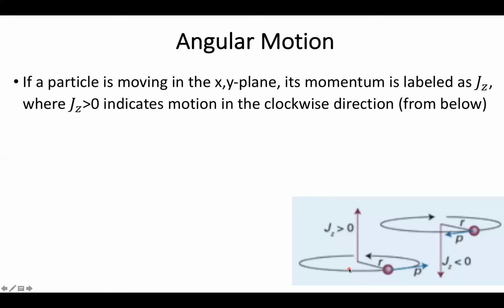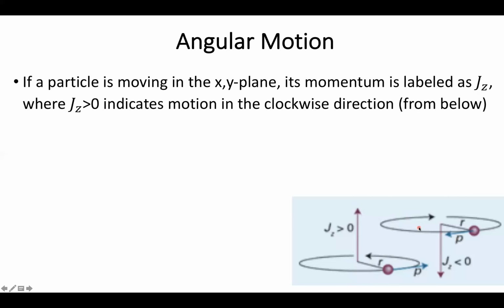So if the particle is rotating clockwise, so this is going to be clockwise as given from below, this is going to give us a positive angular momentum. If it's moving counterclockwise, this is going to give us a negative angular momentum. So the classic description of this is usually given as the right-hand rule.